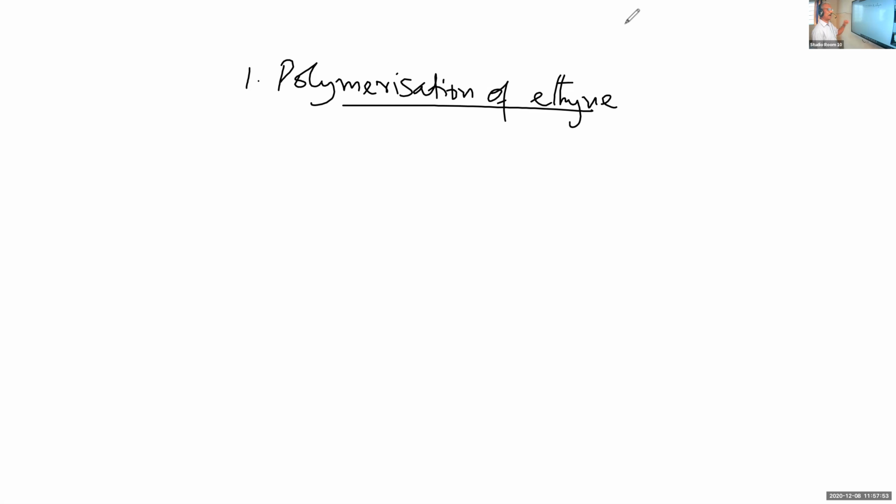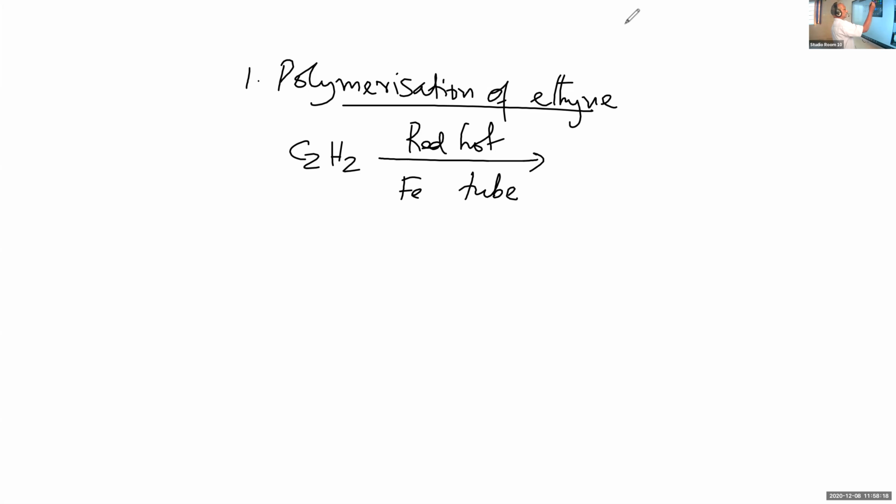When acetylene, C2H2, is passed through a red hot iron tube, there is polymerization, a cyclic polymerization. In polythene, do you remember?